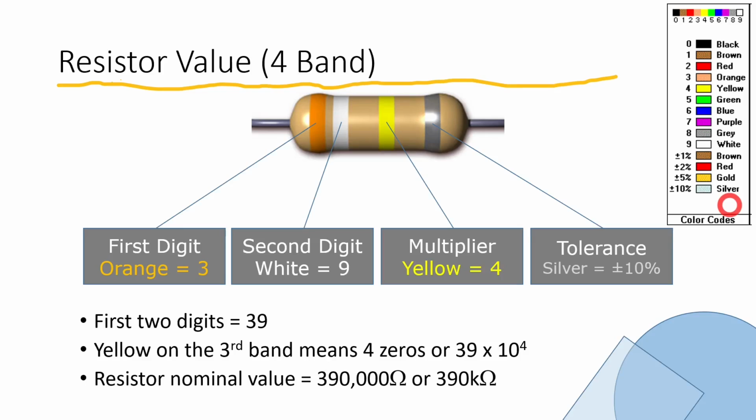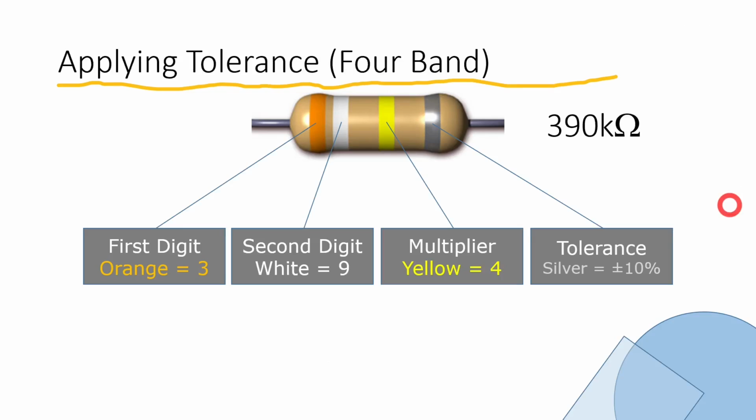Okay, but it may not measure 390 k ohms. It has a tolerance on it. So let's look at the tolerance here. We know that the tolerance is 10%, and 10% means we have to multiply that value by 0.10 to find out the value that it could be either positively or negatively affected in either direction.